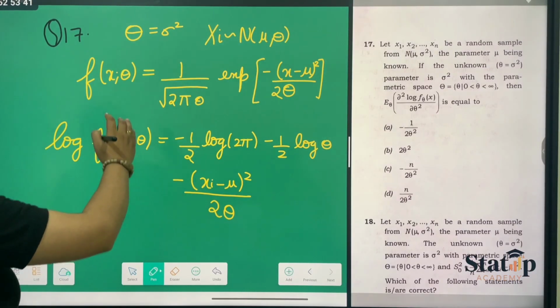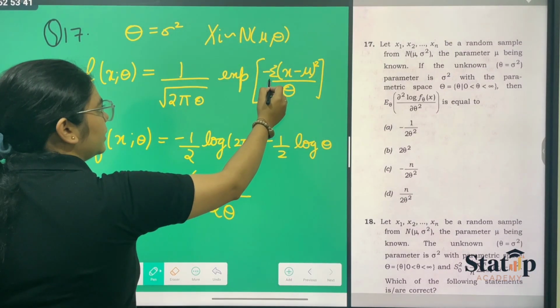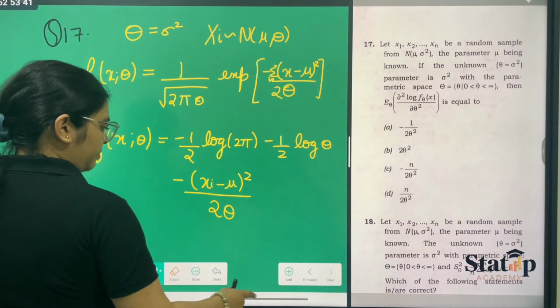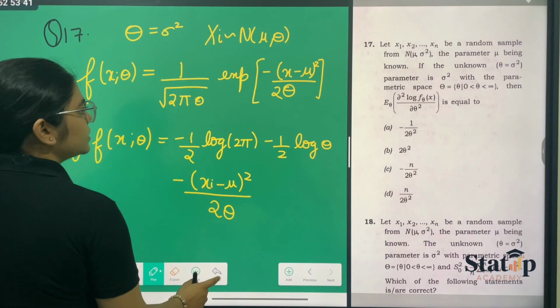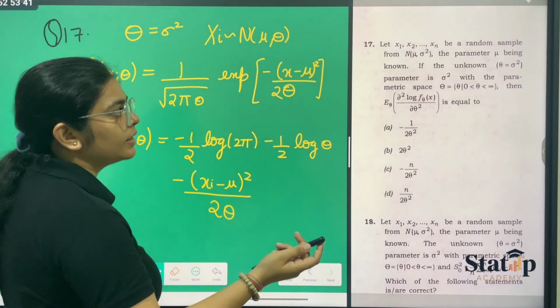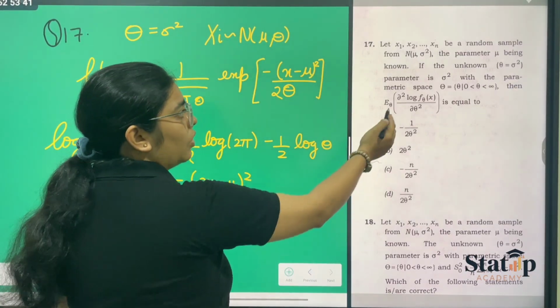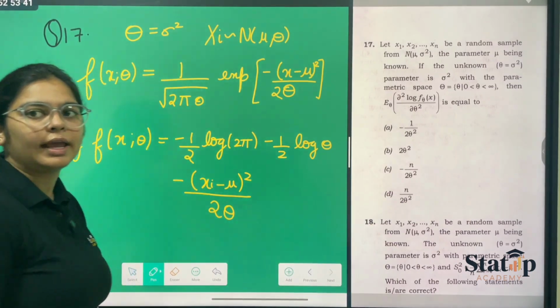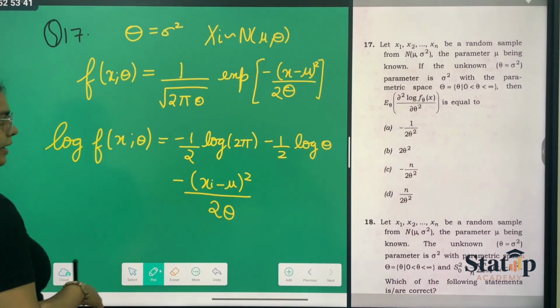Here we are not taking the product over xi, because we only have to get the I theta for one observation, not for n samples. That is why we are taking this.